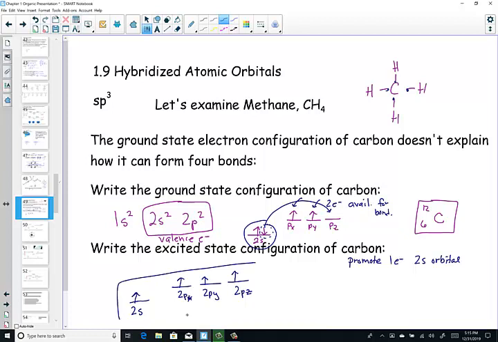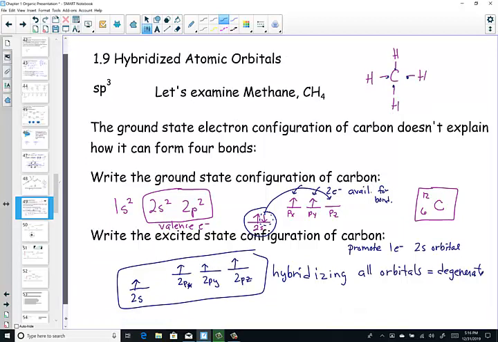And when I've done this, I'm actually hybridizing the orbitals to be degenerate. Remember what degenerate means? It means of equal energy.